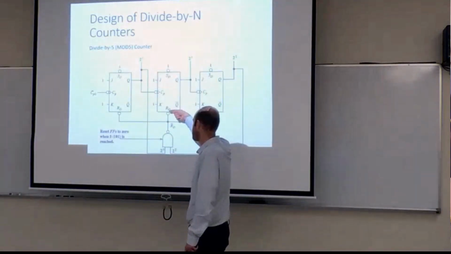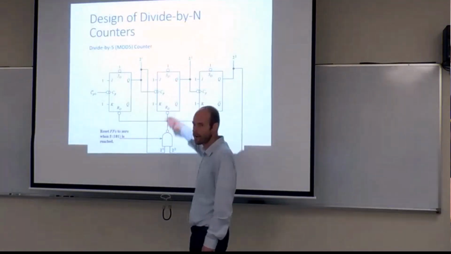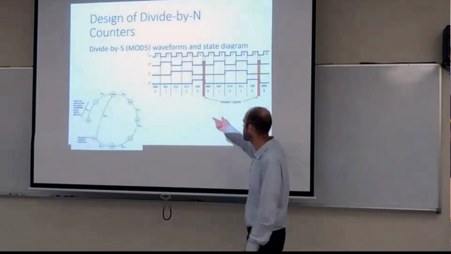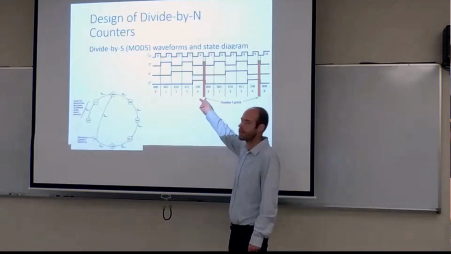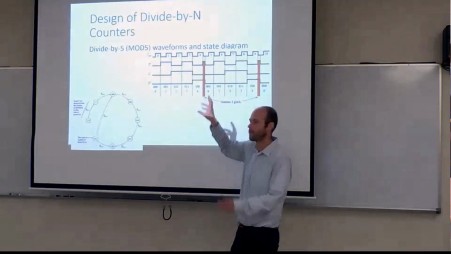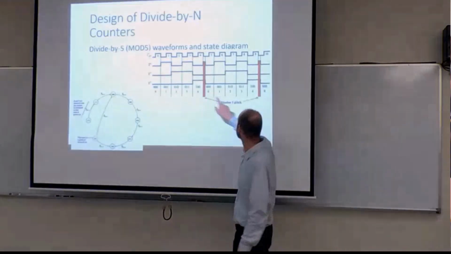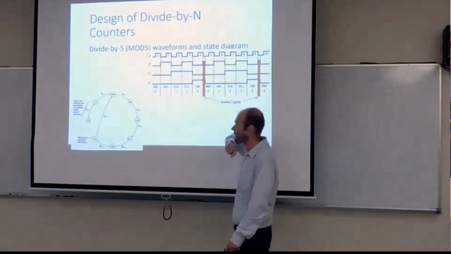Note that this is active low, so it becomes a NAND gate to activate that reset. You do have a brief blip on that reset signal because you have to hit 5, there's a bit of propagation delay before your reset goes through. And so you have a brief glitch at 5 before it goes back to 0.